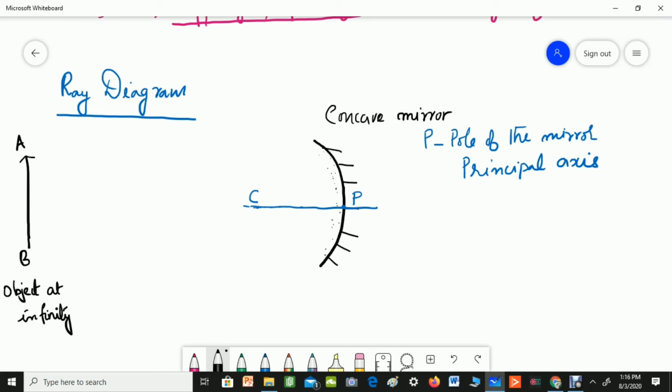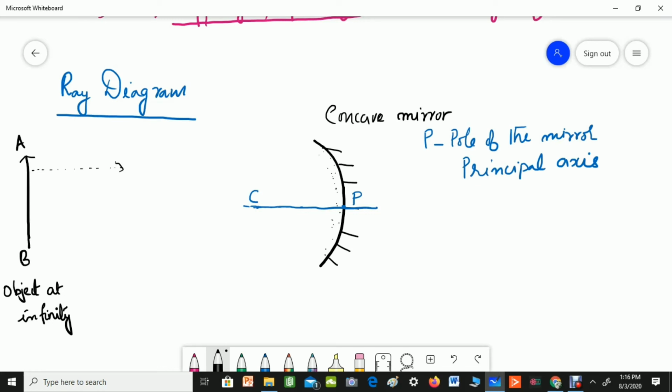I'm going to draw 2-3 rays starting from the object, and it is falling on, or strikes on, the concave mirror. So these are our incident rays.